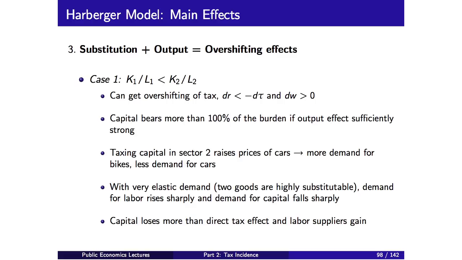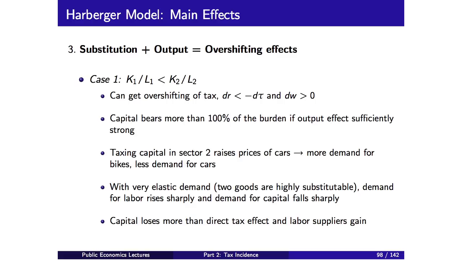So how does that happen? If we tax capital in sector 2, we raise the price of cars. That leads to more demand for the bikes, the less capital intensive good, less demand for cars. Now this is where you get the substitution elasticities mattering, but on the demand side, if you have very elastic demand, okay, so I'm basically totally indifferent between having a bike and having a car, then if the price of producing cars goes up a little bit, everybody says, forget about cars, I'm going to buy bikes.